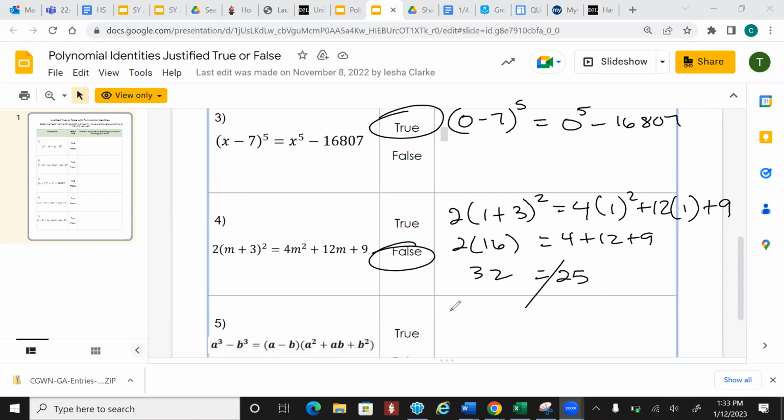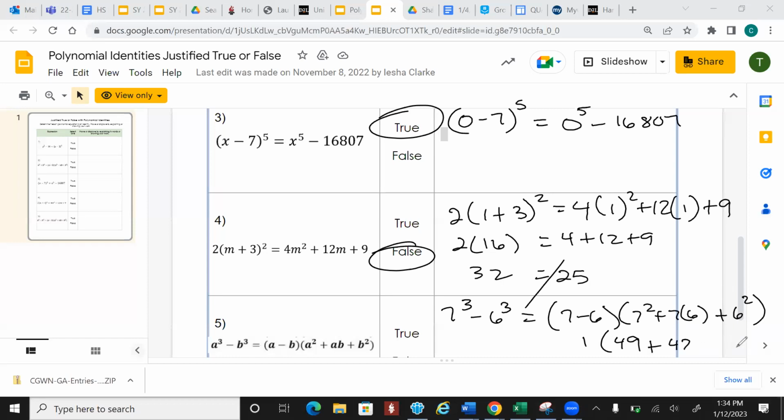7. Okay. And if I plug all that in, this will give me 49 plus 42 plus 36.